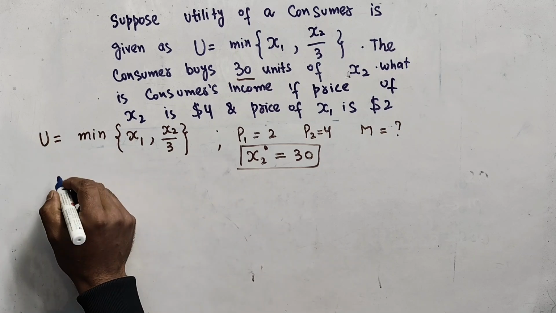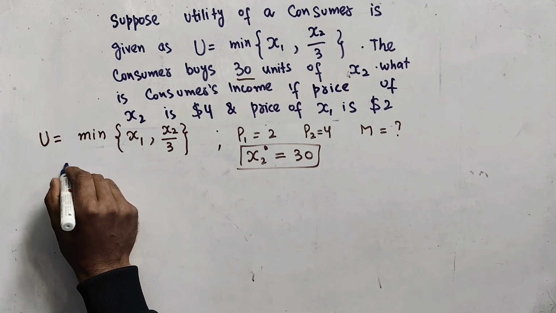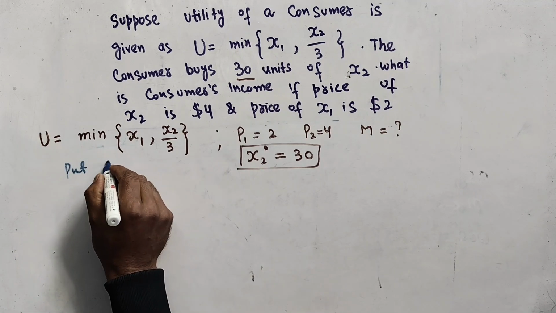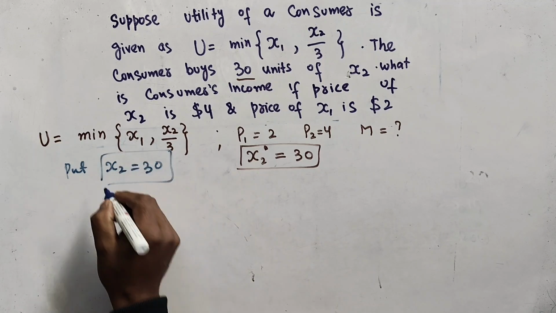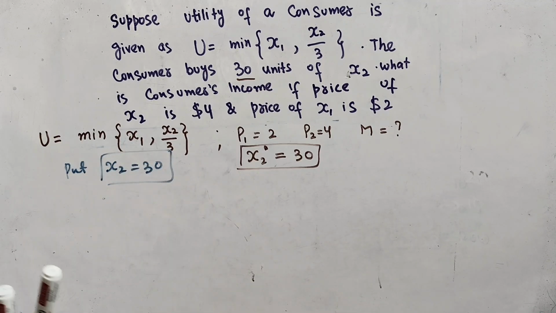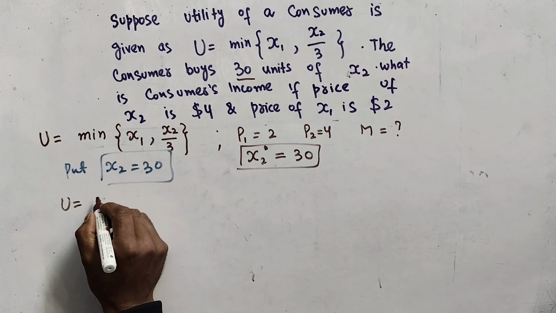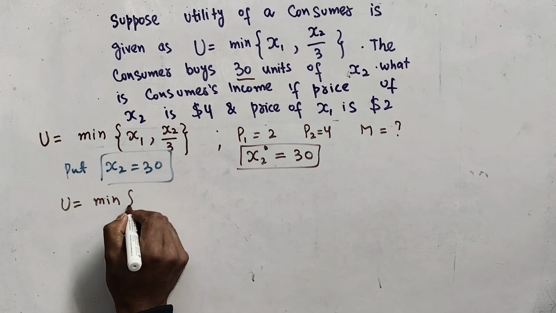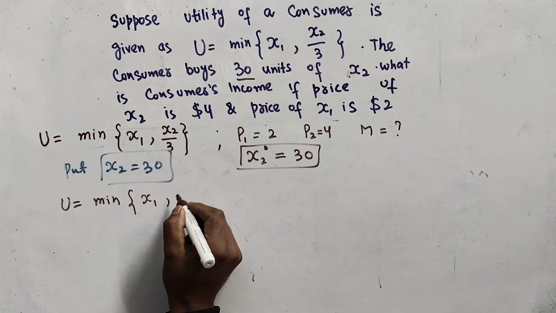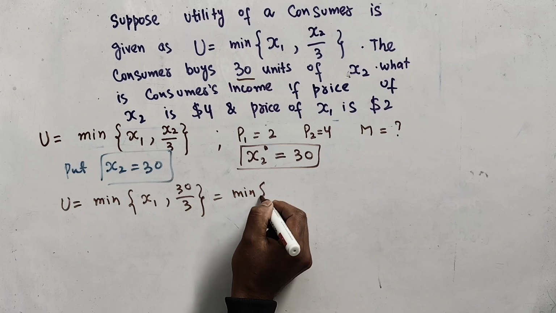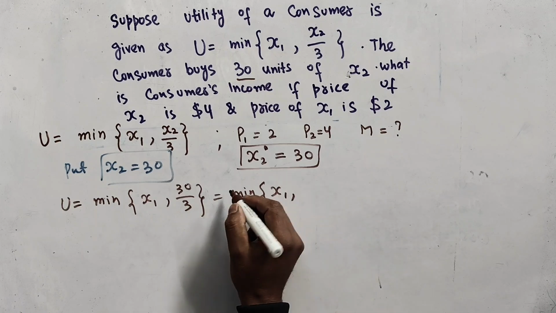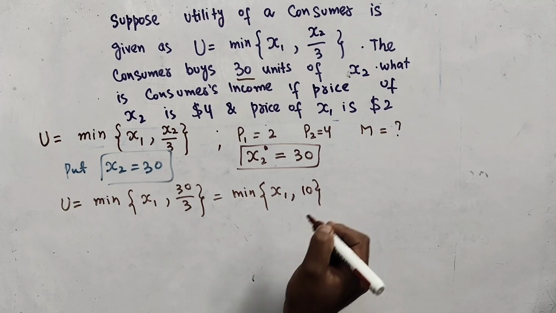Now what will we do? We put x2 equal to 30 into the main function. So when we plug it in, utility of the consumer will be equal to minimum of x1 comma x2, which is 30 divided by 3, which is equal to minimum of x1 comma 30 upon 3, which is 10.